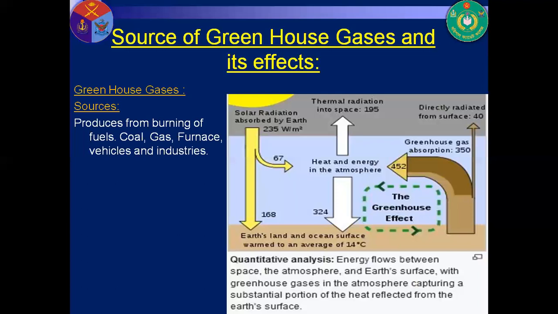Already we discussed this. So, what are the effects? Deforestation, water level increase. The average temperature of 14 degrees centigrade can also increase because of these gases.